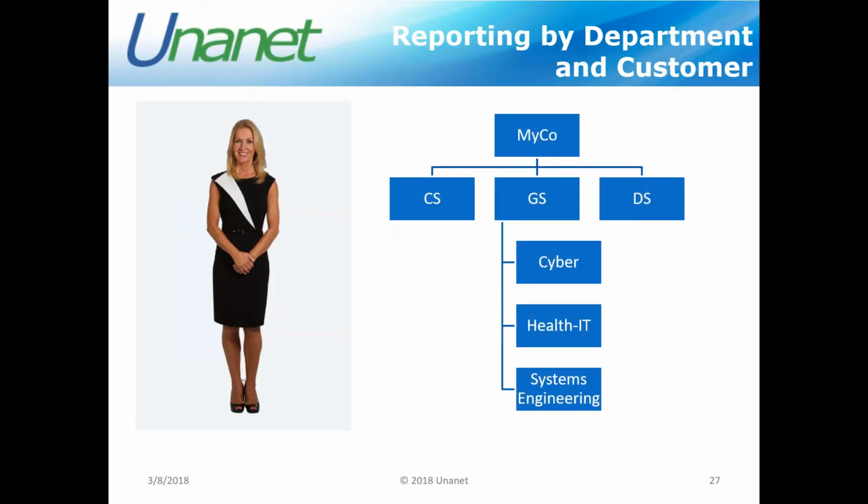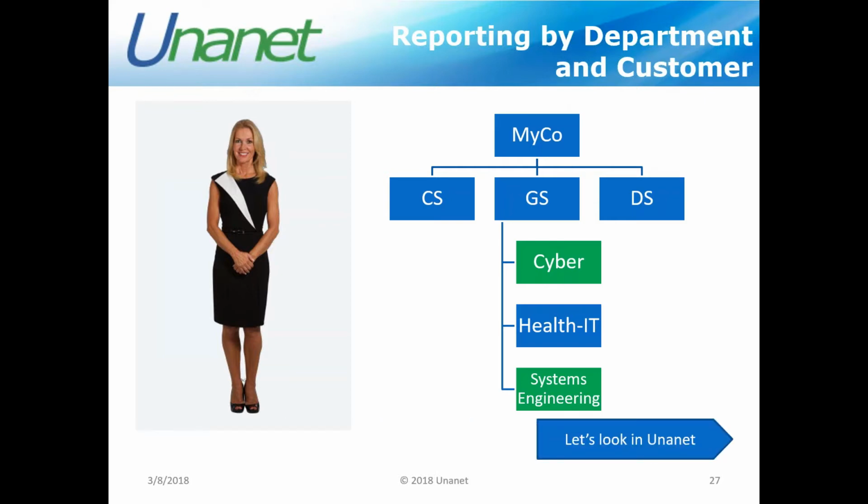So here is like a little org chart of the company that she works for, and specifically, Grace Director is in charge within the Government Solutions Group for cyber and systems engineering. So what we really want to do is go out into Unanet and take a look at how we're going to limit her access so she can only see the things that she needs to see.